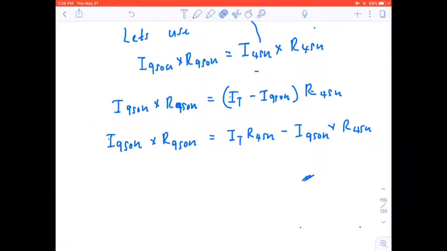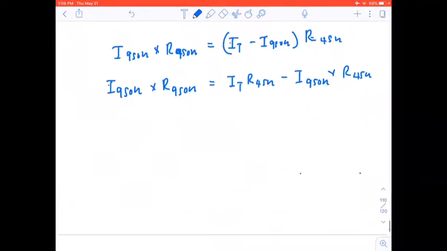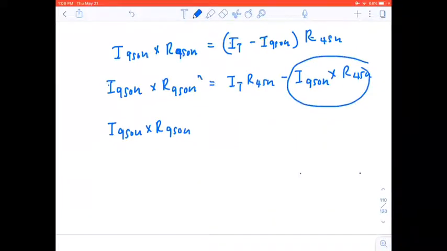Okay, so what we can do here is get I 950 ohms times R 950 ohms, and this term we can bring to that side, which means plus I 950 times R 45 ohms, which is equal to I total R 45 ohms.